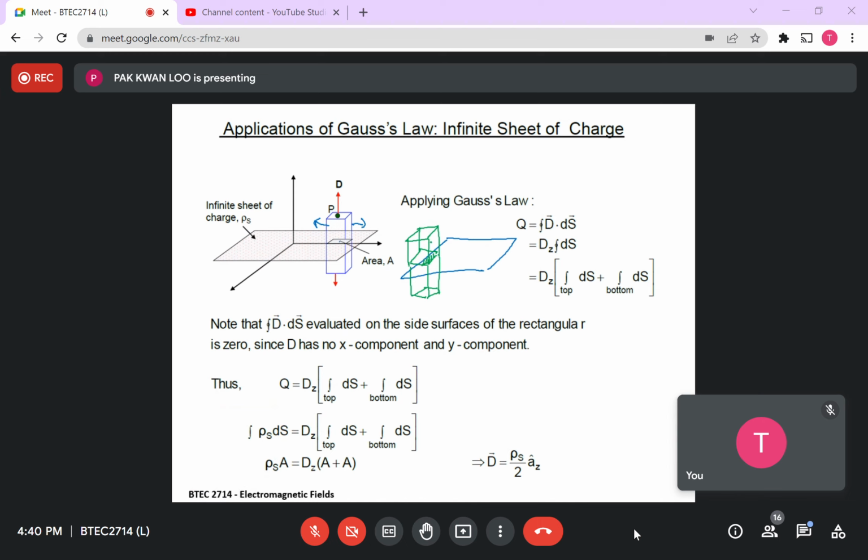So that means Gauss's law cannot be applied for a finite sheet of charge. It is only applicable for infinite.